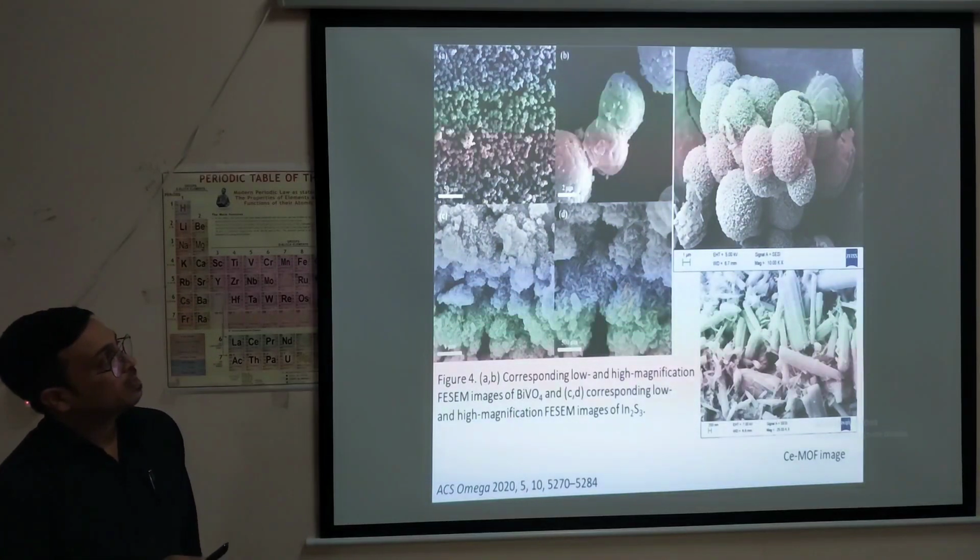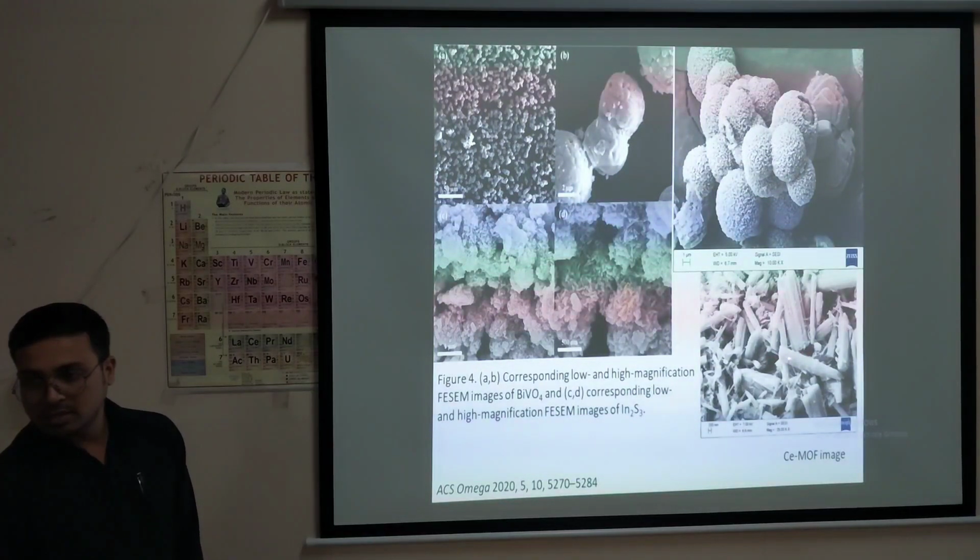And this system, I designed this one. This is a cerium FECM image. Look at the magnification, and this is also the same system. This is both a magnified and a resolved image.